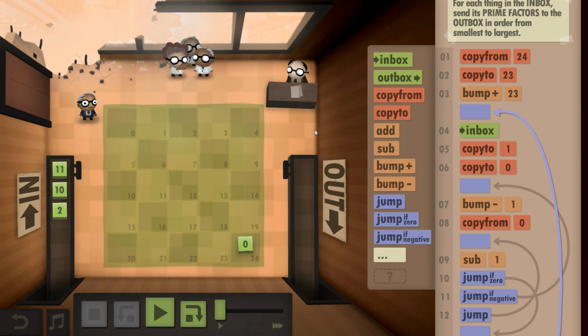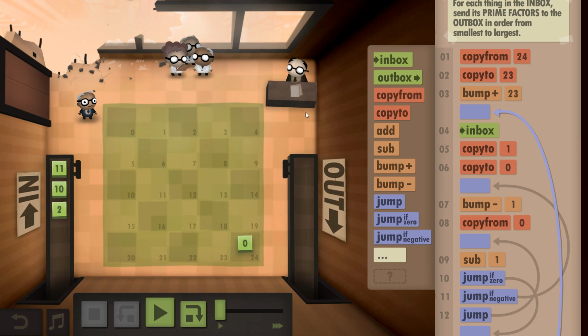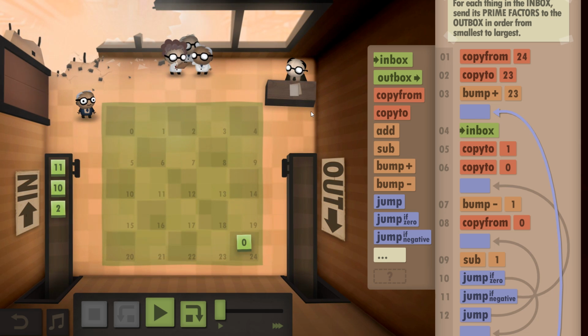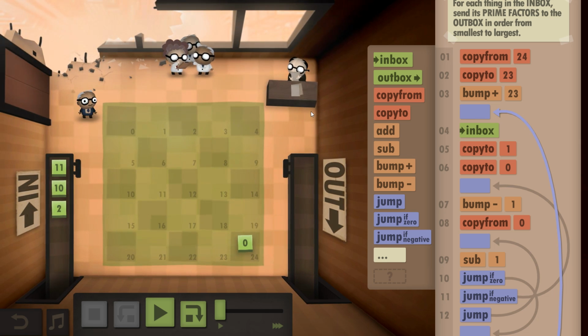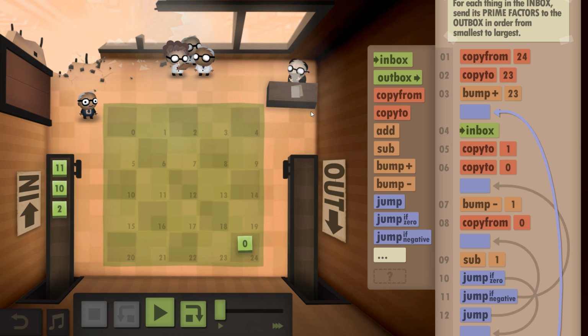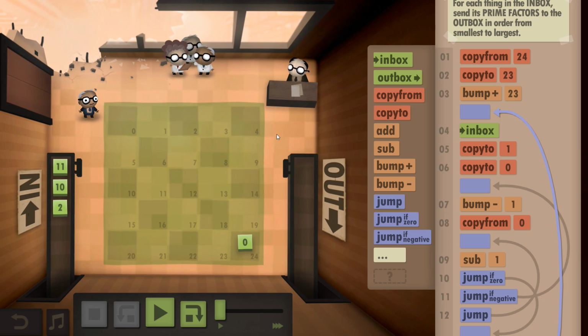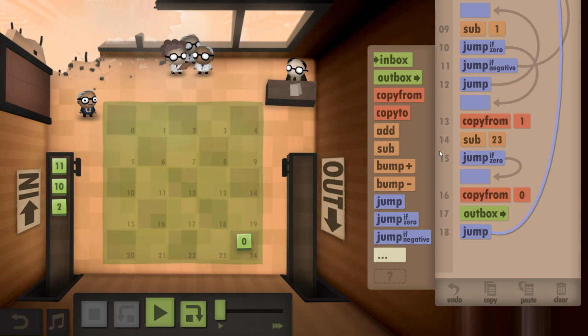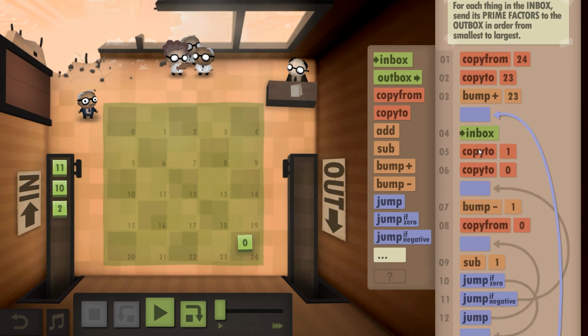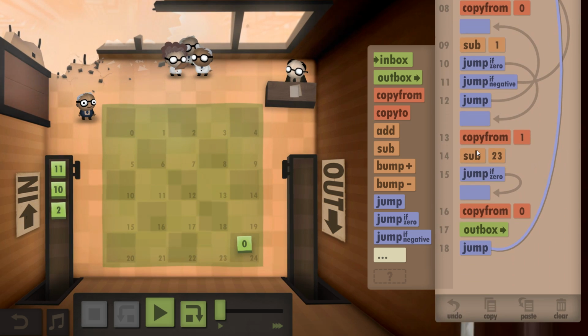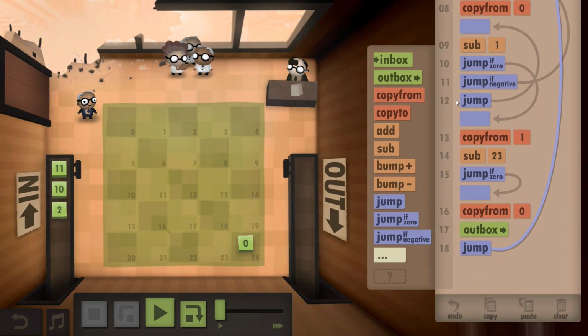So that's one case where it's solved. Quote unquote, solved. That is, if my inbox input value is prime, I just outbox that. That's a step, okay.